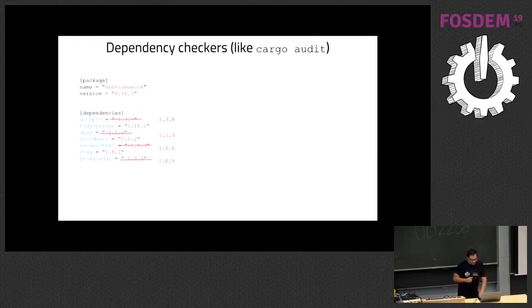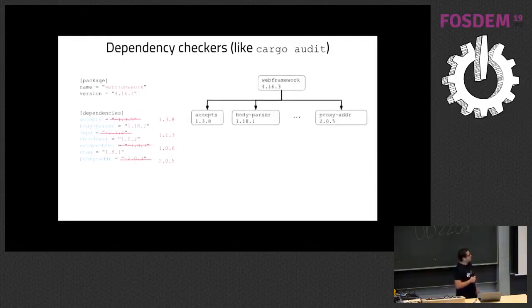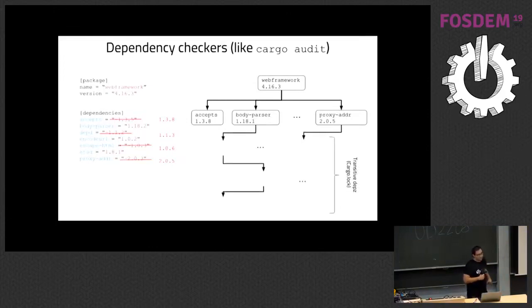After that, we build a dependency tree. These are the top-level dependencies, but we actually have more dependencies that depend on those packages specified in the Cargo.toml file. As you can see, I didn't go further, but this is generally how our dependency tree looks like.